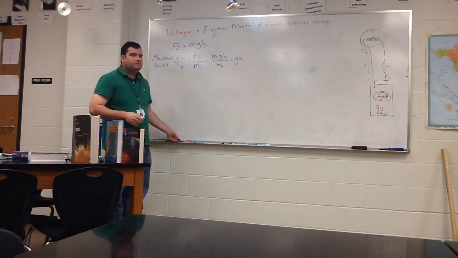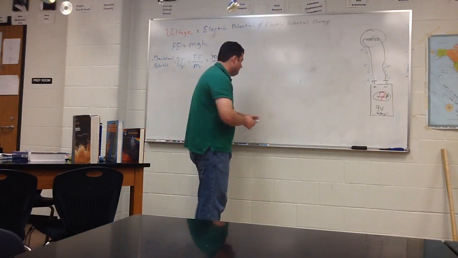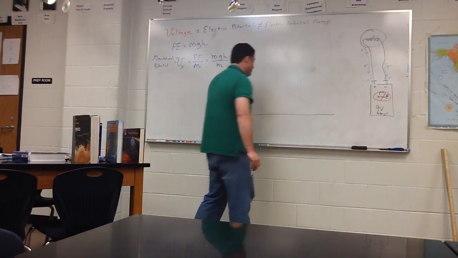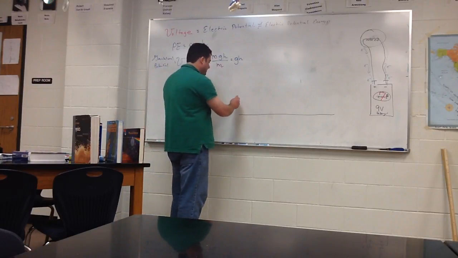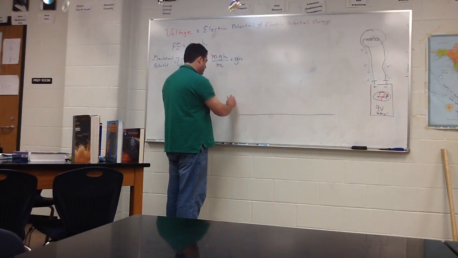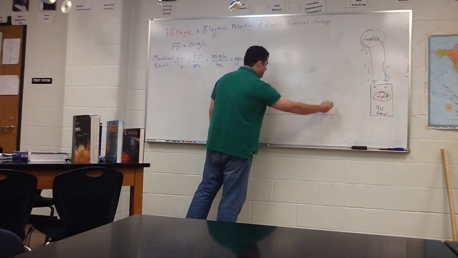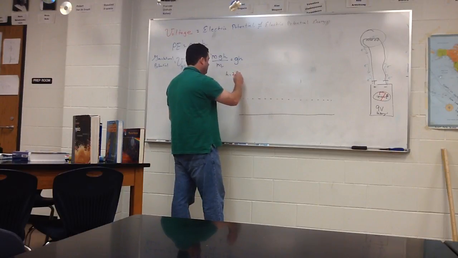Why is that useful? Well, let's look at this classroom. It's got a floor. It's got different heights. I'm going to specifically care about h equals 1 meter and h equals 2 meters.